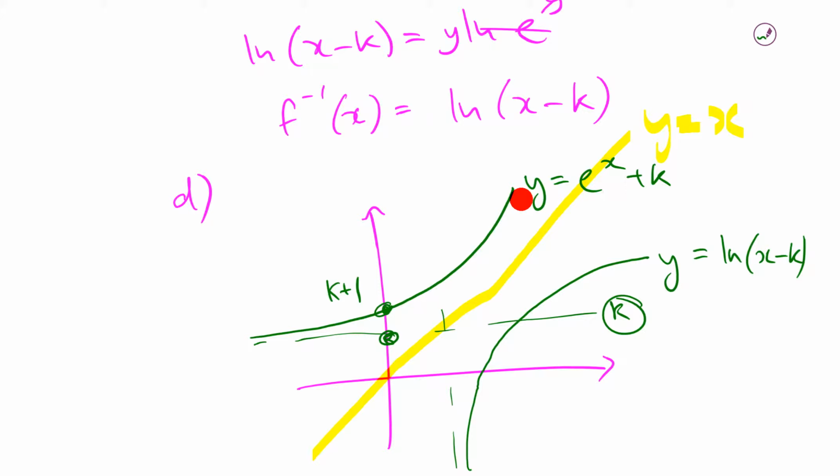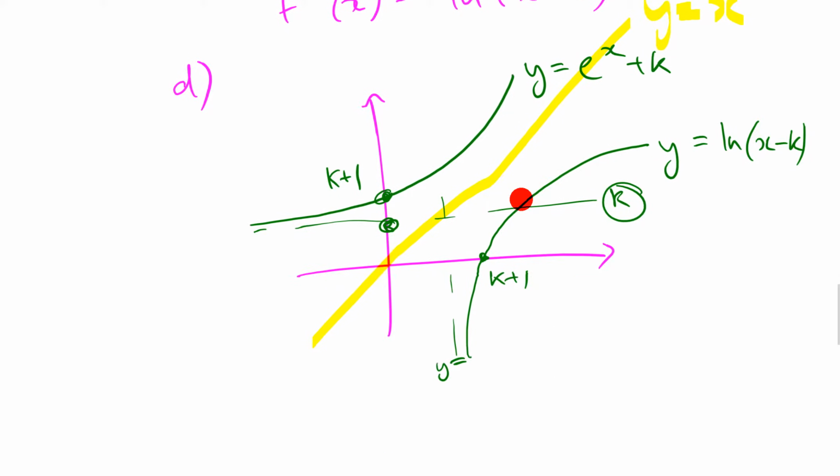But given that it's the mirror line, it's got to have all the same kind of features. We know it's going to cross through there, and it's going to have y equals k as the asymptote.